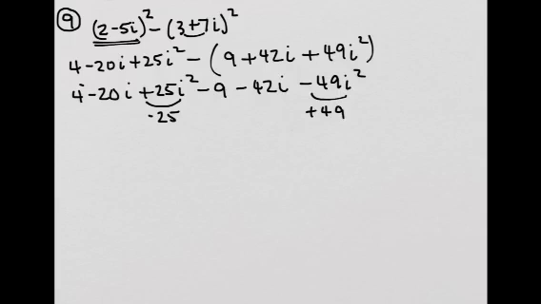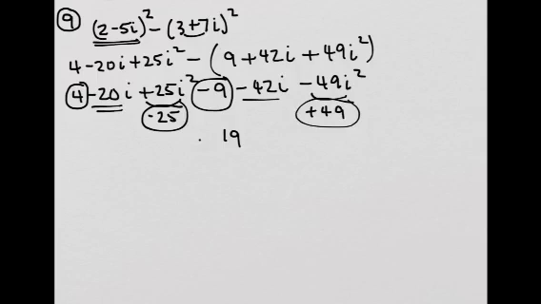So I've got 4 minus 25 minus 9 plus 49. So I'm going to combine those four numbers together. And I get, let's see, positive 19. So I get 19. And then I have this imaginary and this imaginary, so that's negative 62i.